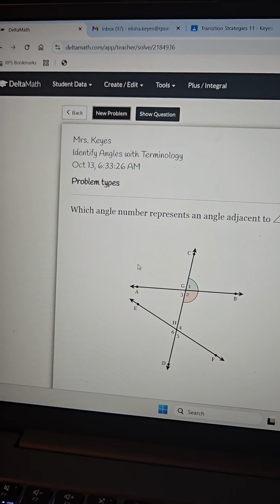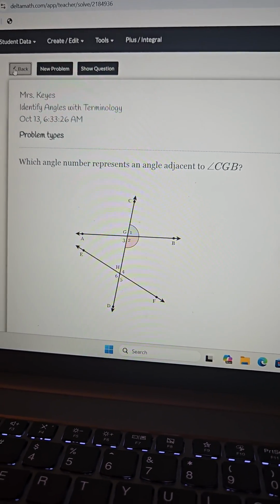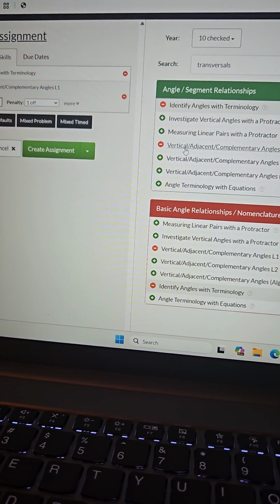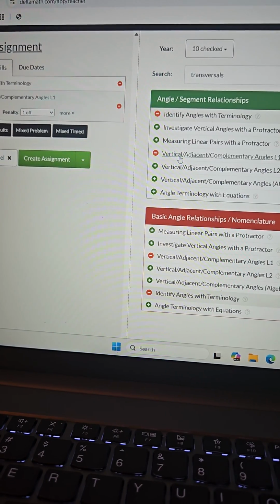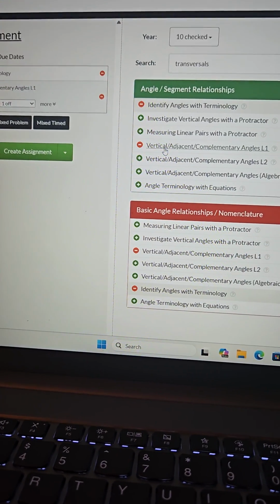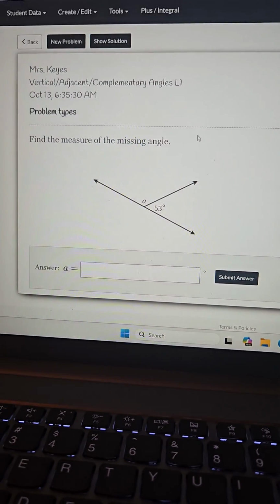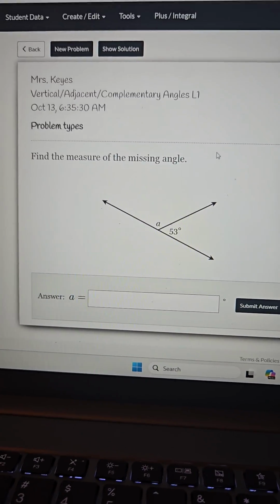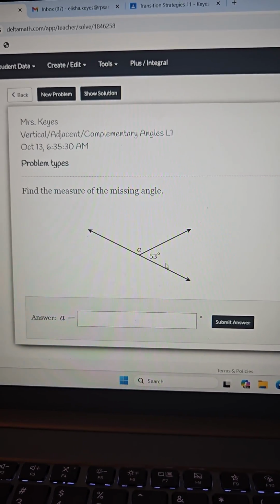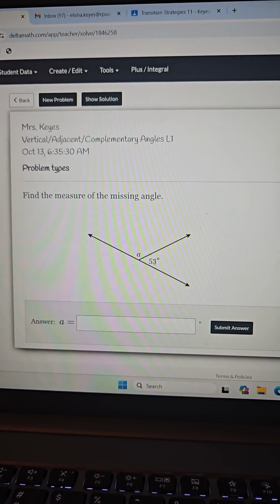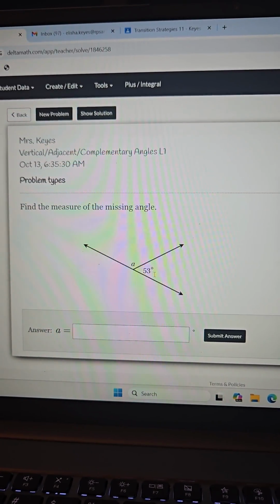Okay, so I don't think that one's very hard. So let's go back to show you the next one. So vertical adjacent angles. Okay, so on this one, I did a few of these a while ago. Everything I got was linear pairs so far. But anyway, remind you that a line adds up to 180.